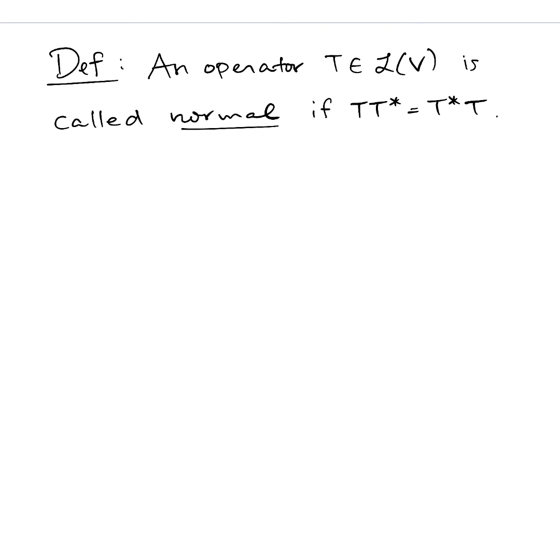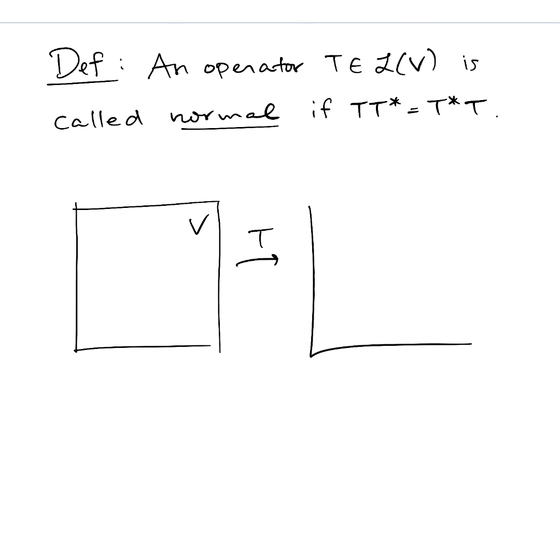And one thing that you're going to discover as you read on and finish section 7a is this. Anytime T is normal, from V to V, all right, T star runs this way.